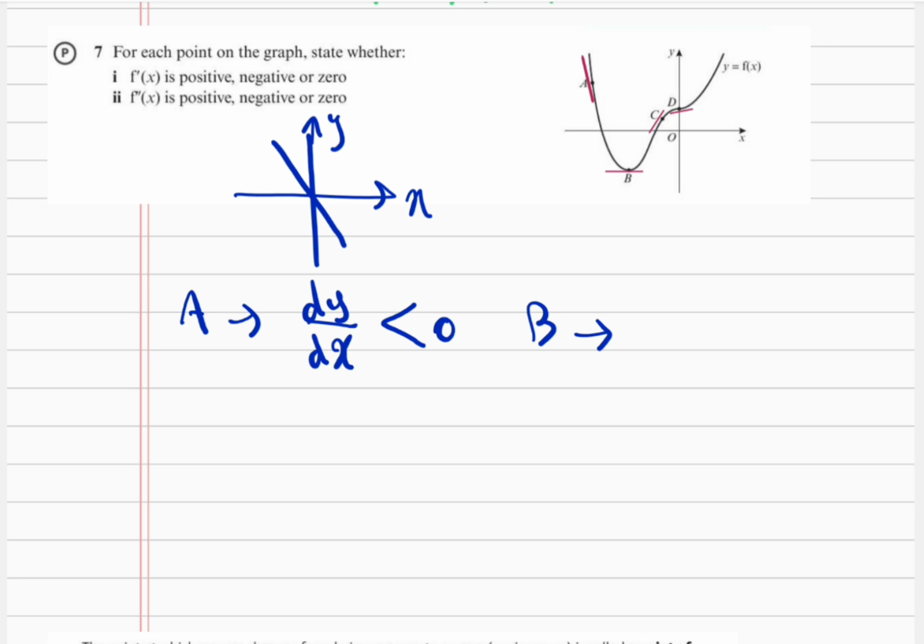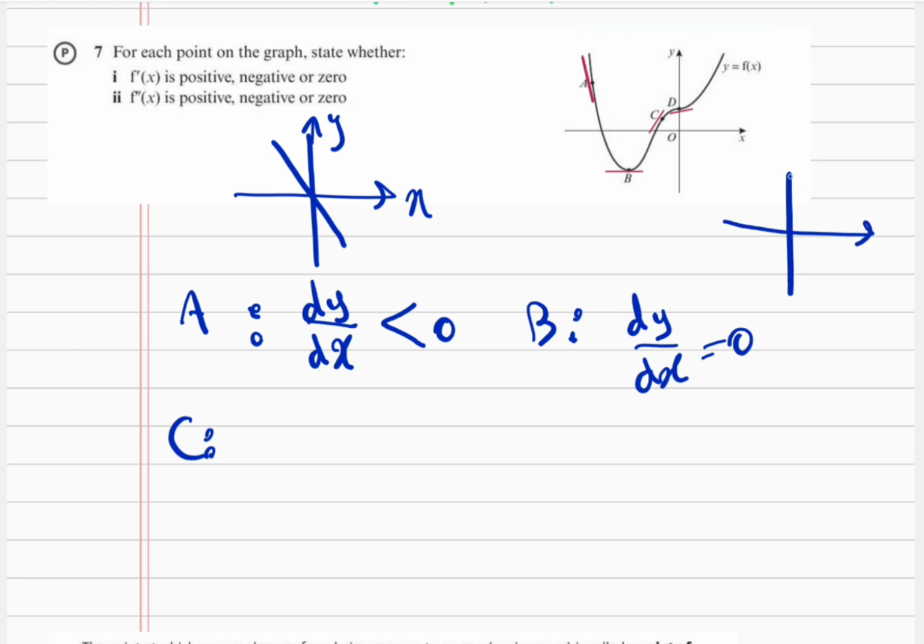Now at point B, let's see what we have. It's very clear that it's just a straight line, and it's neither going upwards or downwards. So the gradient is actually 0 in this case. So at point B, the gradient is 0. Now what about C? C this time is of a similar form to this.